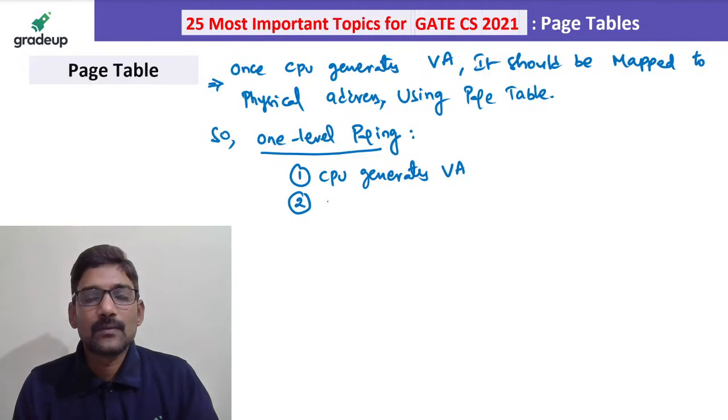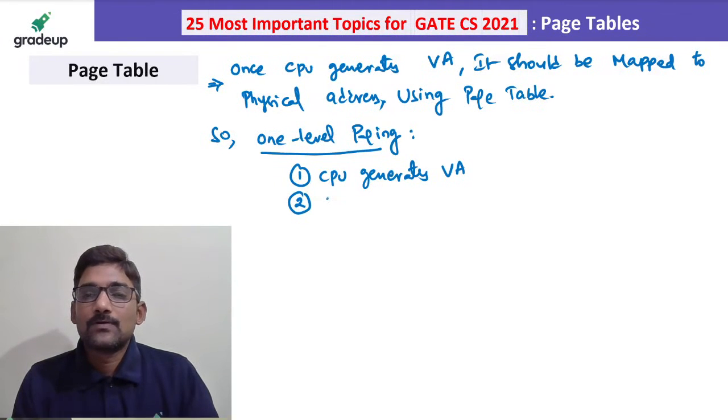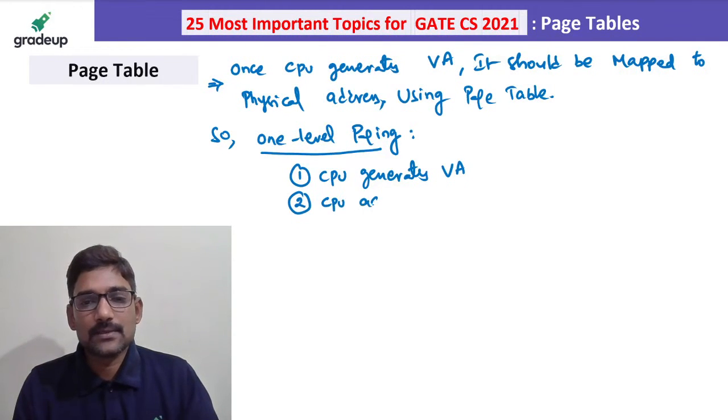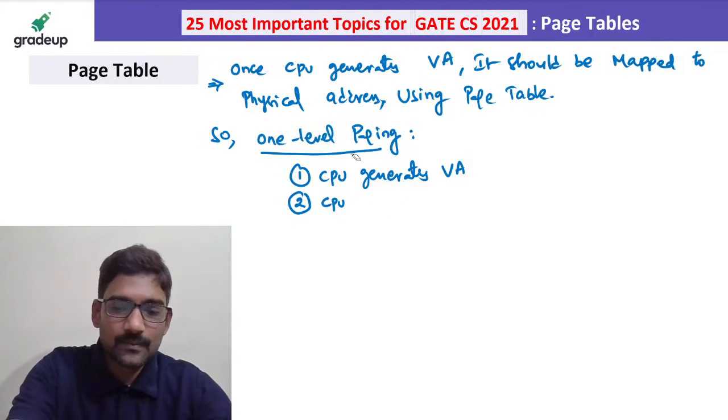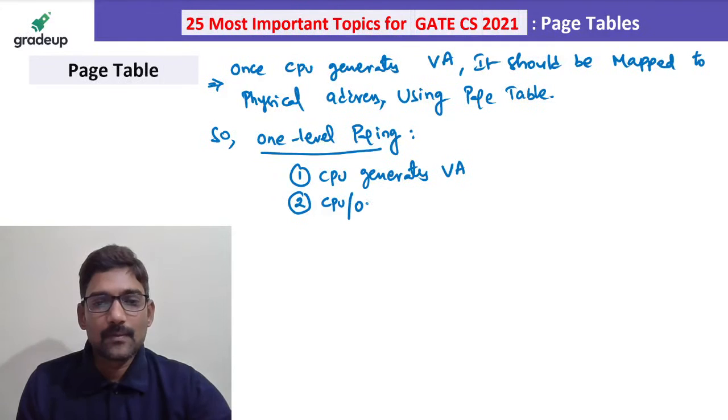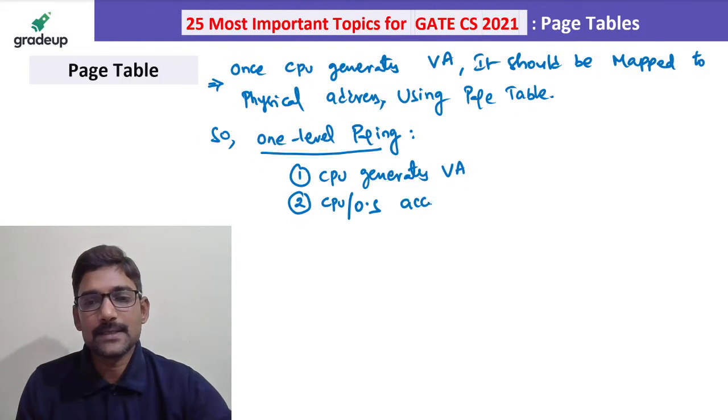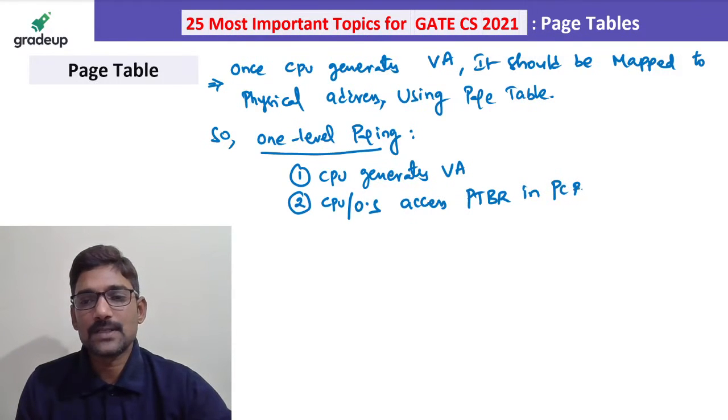Now, what does the CPU access? So CPU, or you can say operating system, accesses the page table base register, which will be in the process control block.